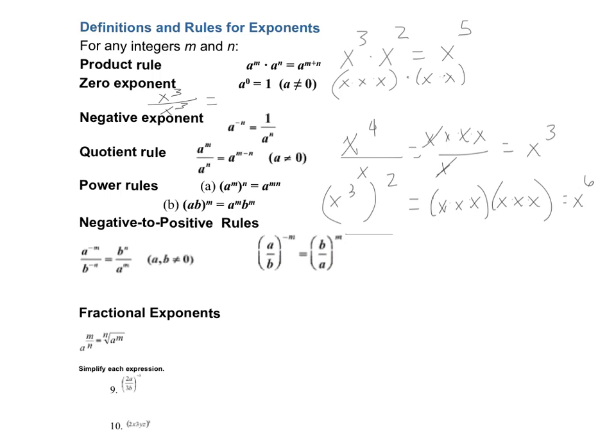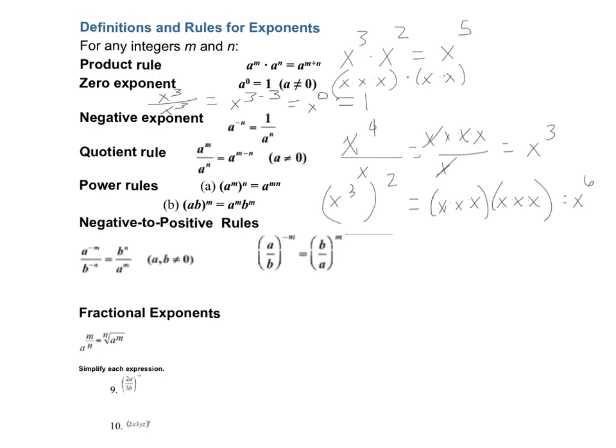Can I use the quotient rule here, which tells me as long as the base is the same, I can subtract exponents? Sure can. That would mean it has to equal x to the 3 minus 3 power, which is x to the 0 power. Now, back up and think about what else we know. If I have an x to the 3rd on top and an x to the 3rd on bottom, what is anything divided by itself? 1.